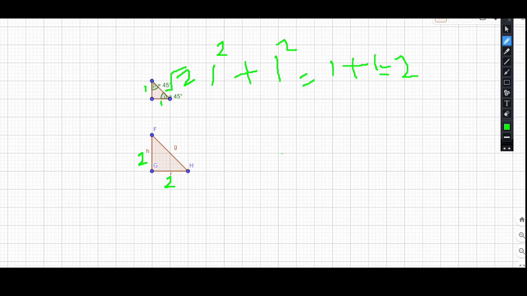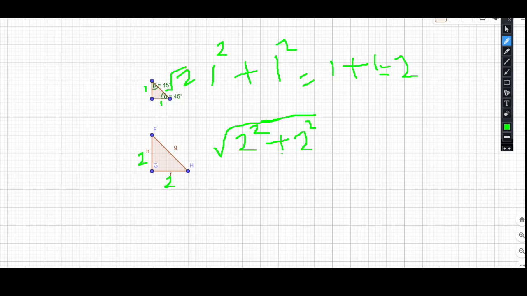The hypotenuse FH is equal to the root of 2 square plus 2 square, right? Base square plus altitude square, and we take the root of the sum to get the hypotenuse.